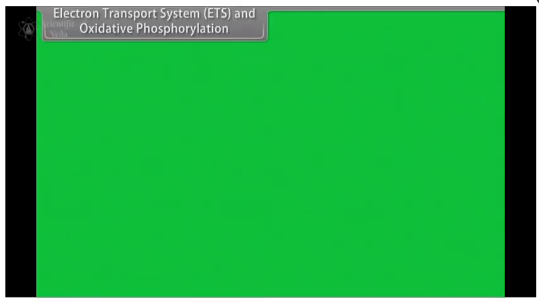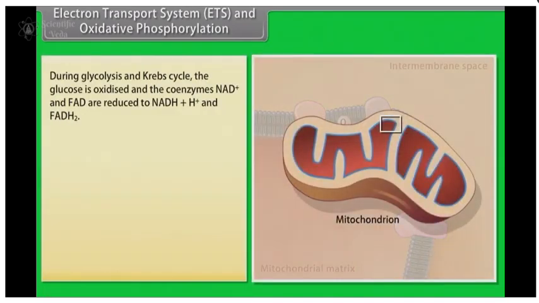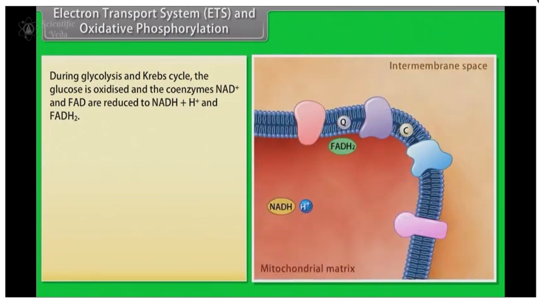Electron Transport System (ETS) and Oxidative Phosphorylation. During glycolysis and the Krebs cycle, the glucose is oxidized and the coenzymes NAD+ and FAD are reduced to NADH plus H+ and FADH2.